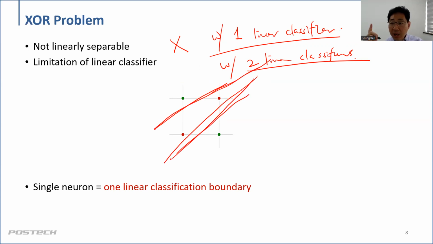If we have two straight lines, over there it's red, outside it's green, right? So there are two ways we can think of it for non-linearly separable data points. We can either think about nonlinear classifiers or increase the number of straight lines.